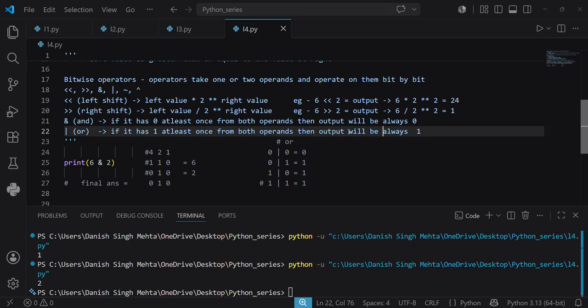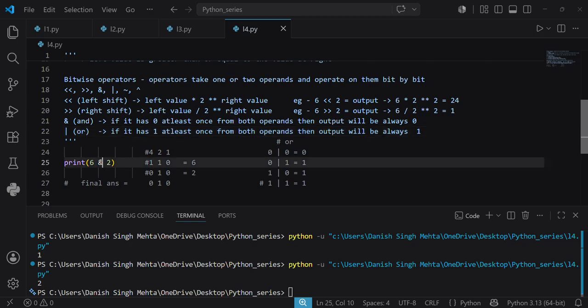So you can see the definition. If one operand is 1, then the output is always 1. But if both operands are 0, then only the output will be 0. So it is kind of the reverse of the AND operator.